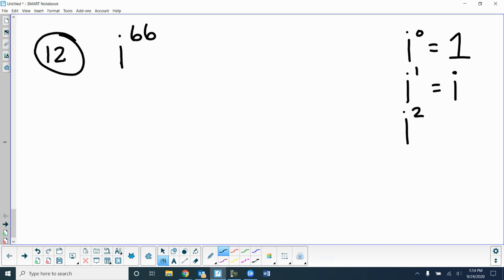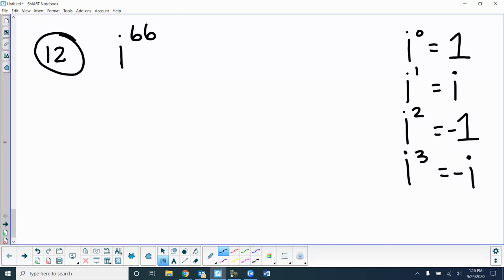And we've been talking all week that i squared equals -1. Or you could have a remainder of 3. Okay, so you should have known these 3 anyway. The third one, just think of it as i to the first times i to the second equals i to the third. So i to the first is i, i to the second is -1. When I multiply, I get -i. Those are the 4 possible answers.